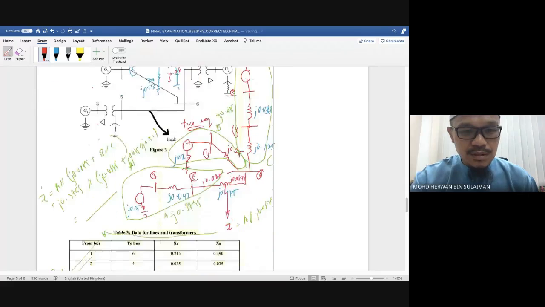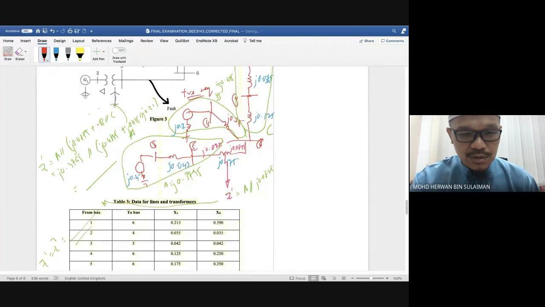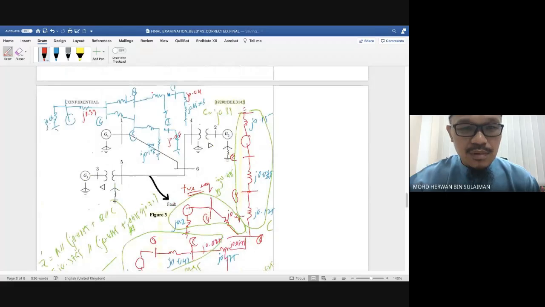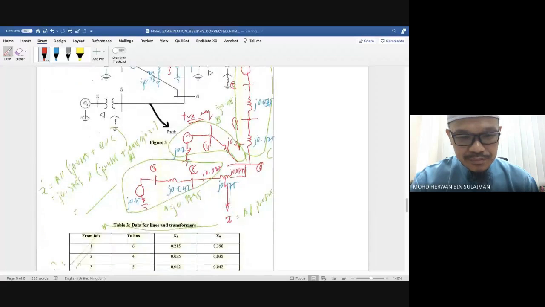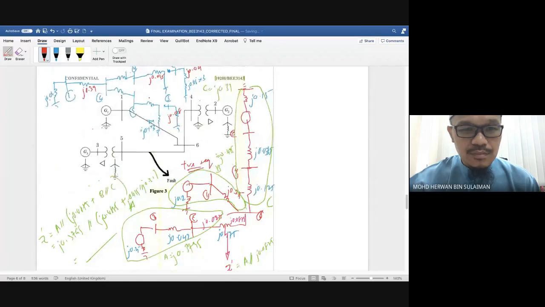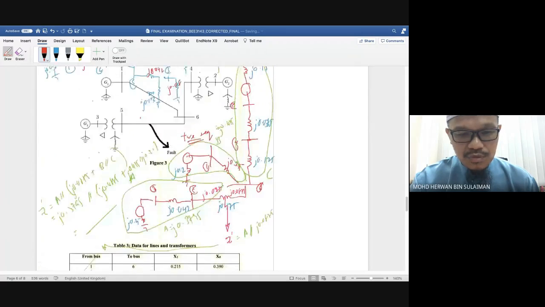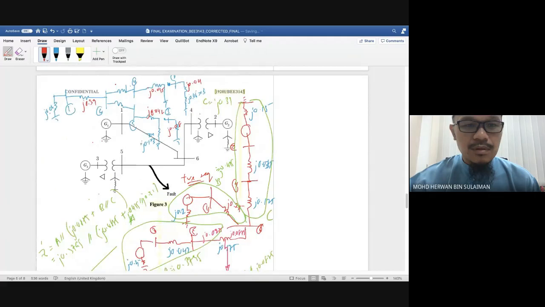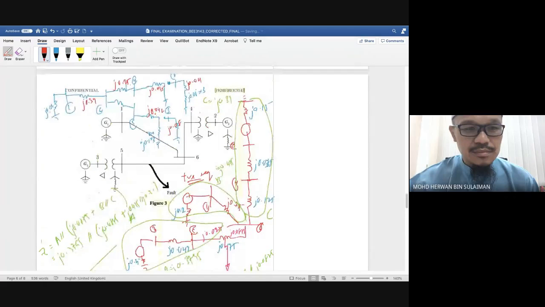Then 24 transformer is j0.035. Then 35 transformer also is j0.042. And 46 is j0.25. And then 56 is j0.35.